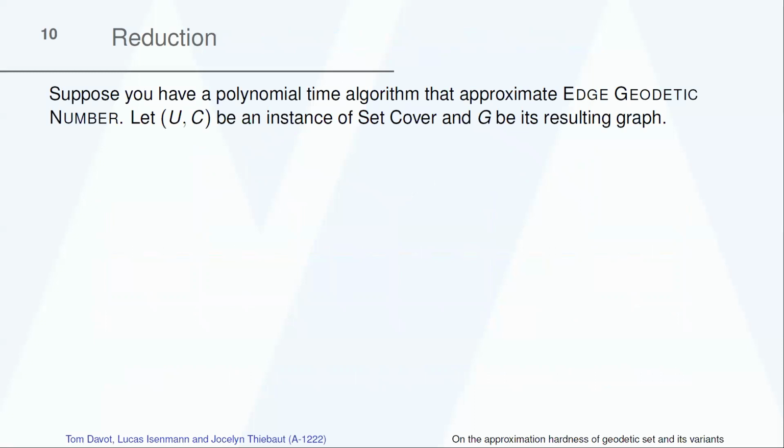Now suppose you have a polynomial-time algorithm that approximates the geodetic number, and you take an instance of set cover and compute in polynomial time the reduction I just described. Then you'll have this equality, that is, the approximate version of geodetic will have the same property as before.